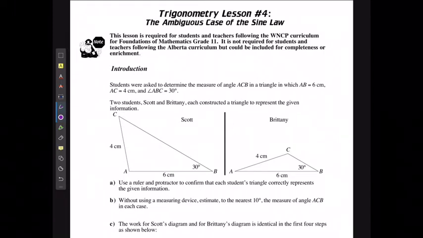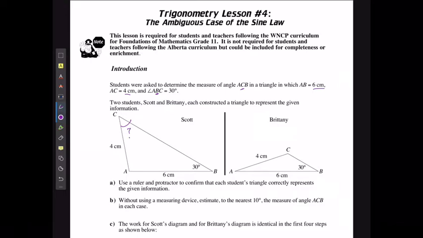So, if I have two students, we're asked to determine the measure of angle ACB or angle C in a triangle in which the length of A to B is 6 centimeters, A to C is 4 centimeters, and angle ABC or angle B is 30 degrees. So we're trying to solve for angle C here.